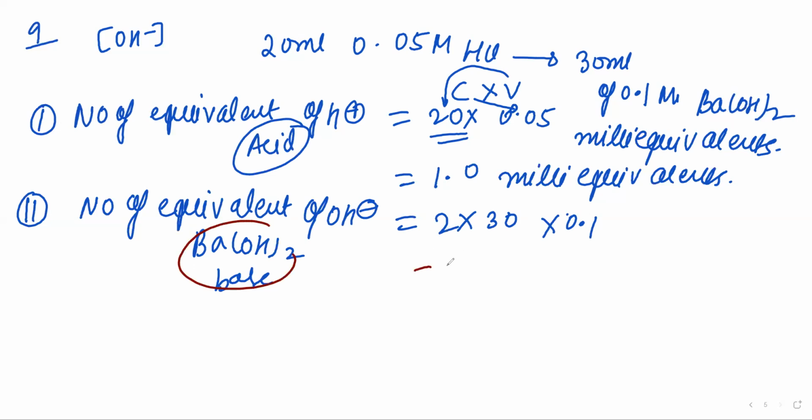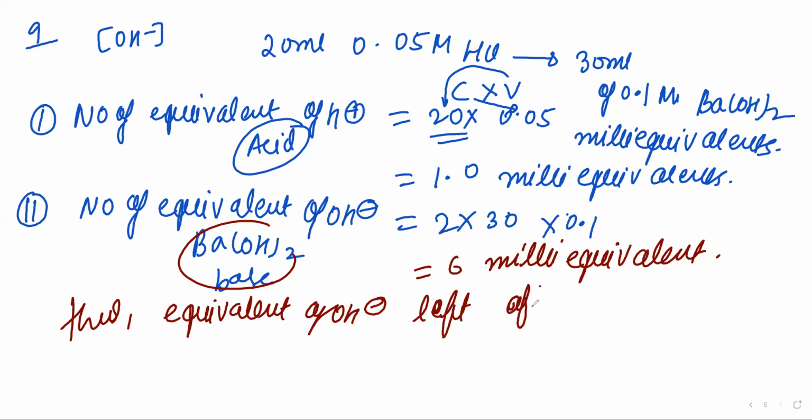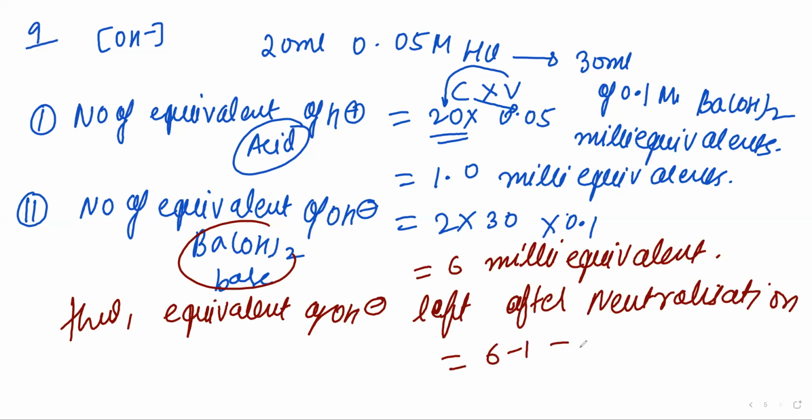So it will be equal to 6 milli equivalents. Thus the equivalents of OH minus left after neutralization: 6 minus 1 equals 5 milli equivalents.